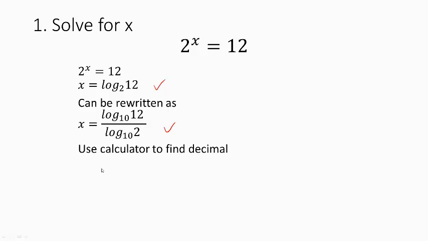If they do ask for decimal places, then you need to use your calculator. That comes out as x equals 3.5849, and it keeps going. With a logarithm, unless they tell us otherwise, we round off at 4 decimal places. So you notice I've written x is approximately 3.5850.